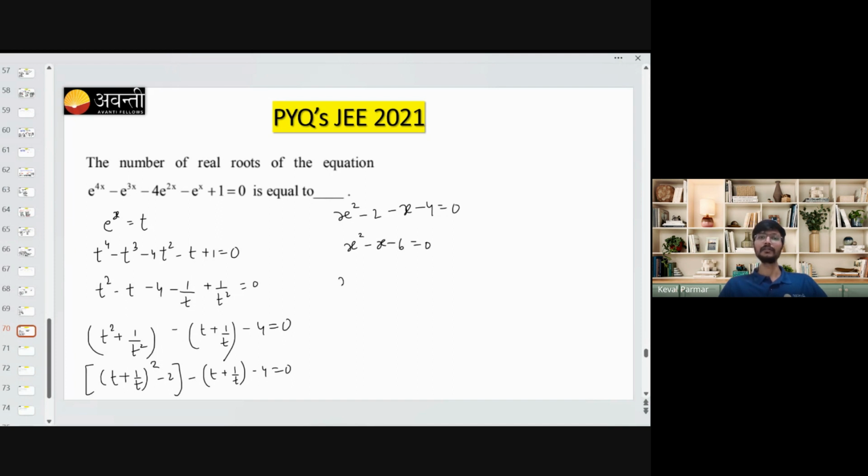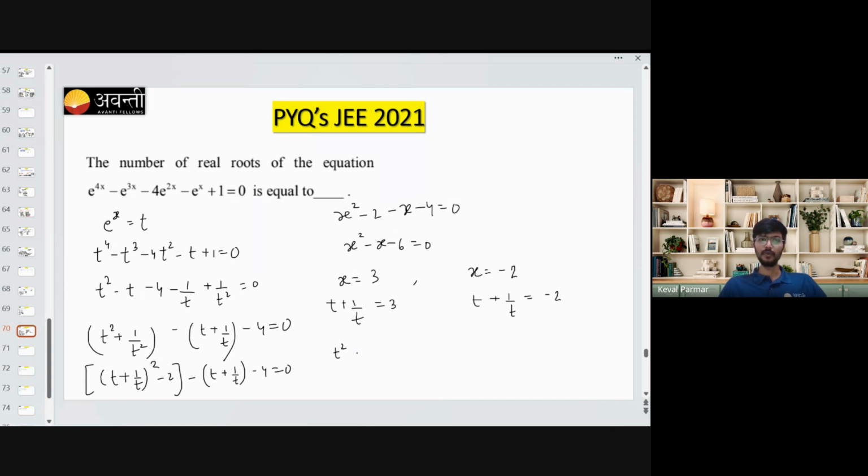What are the factors? So x is equals to minus 2 or x is equals to plus 3. What is x? T plus 1 by t is equals to 3, or t plus 1 by t is equals to minus 2. Let's take LCM.